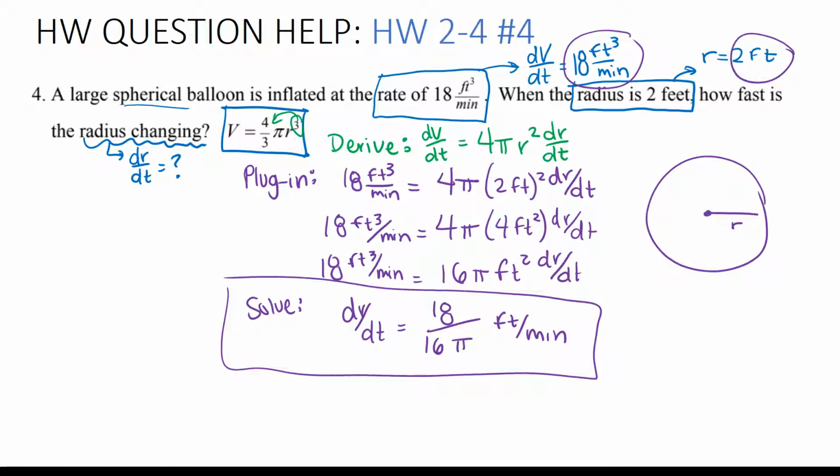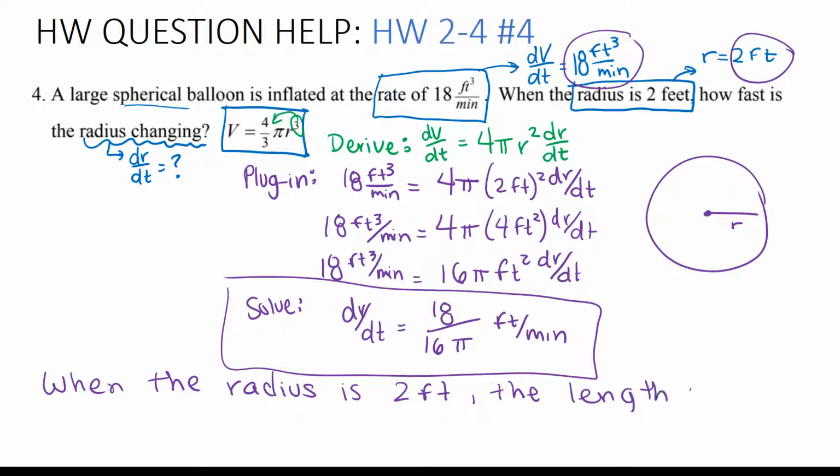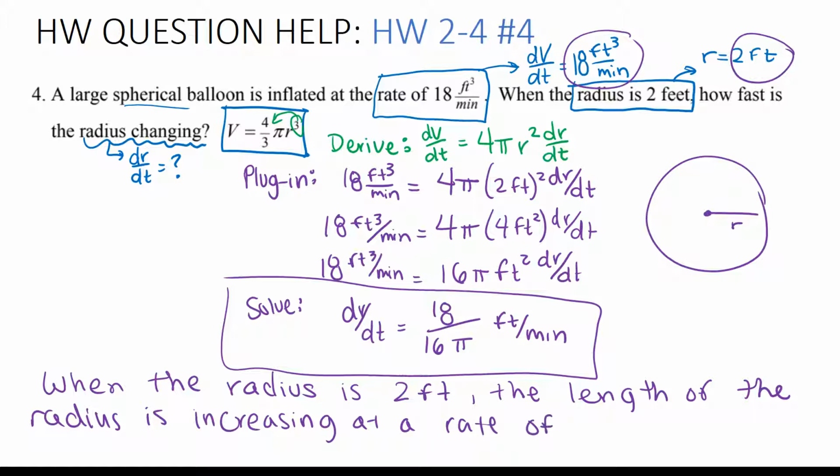Now, if we're going to write out that sentence, right, be good math students here, not be the lazy math student I want to be. I'm going to write out that full sentence here. So what this is telling us is that when the radius is 2 feet, the length of the radius is increasing at a rate of, and we can simplify that fraction down if we want.